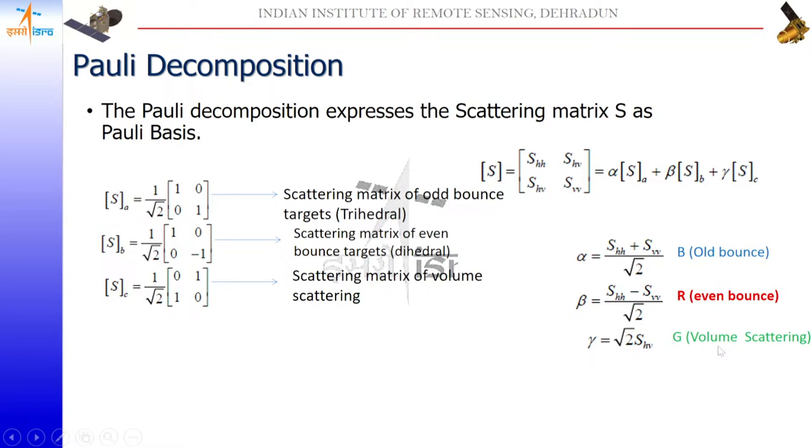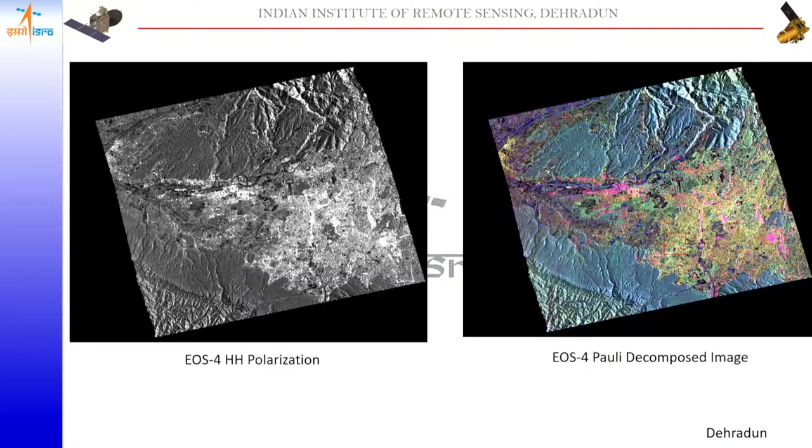As the vegetation is green, we are putting the vegetation as green. Even bounce is like building structures where the dihedral properties are there, corner reflectors. Odd bounce means surface scattering like open surfaces and river bodies, that will come as blue.